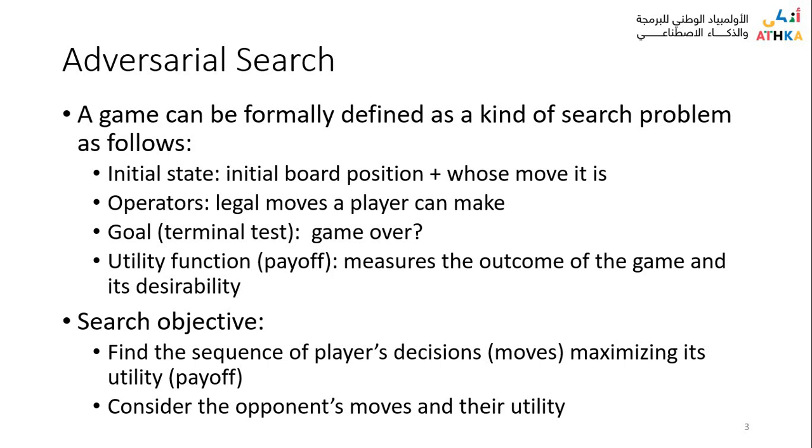This is how we program computers to evaluate the choices it's taking, and we call it the utility function, sometimes called the payoff, when you select this move. So we need to measure the outcome of the game. Each step that we take has to have some sort of utility, and when the computer plays this game, it tries to maximize the utility.